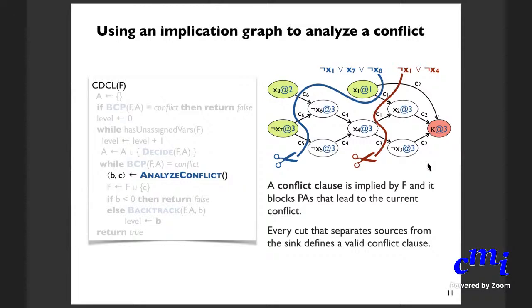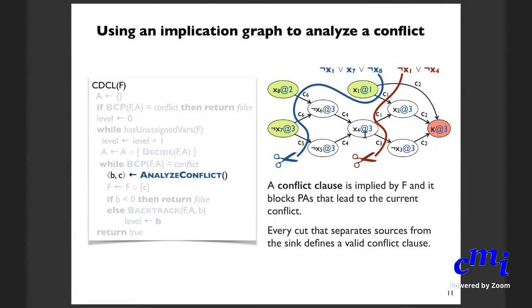Now, yes, like I guess it was Harsh or Amey, I don't know, said, the one nice thing is you can add all of them if you want to. But since this X4 is implied by these things, it doesn't make sense to add all of them. It turns out that the one that we added also happened to be the shortest one, but it also has another property: there is something called a unique implication point.